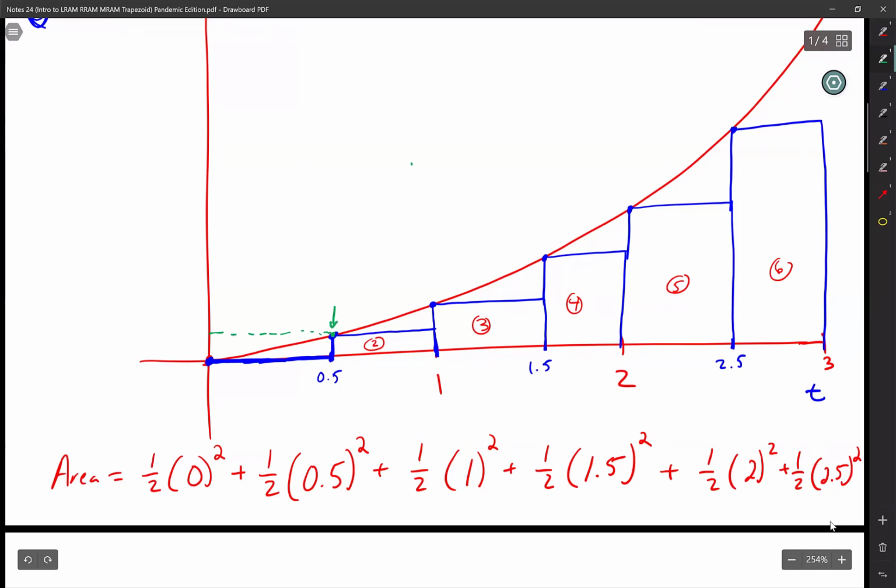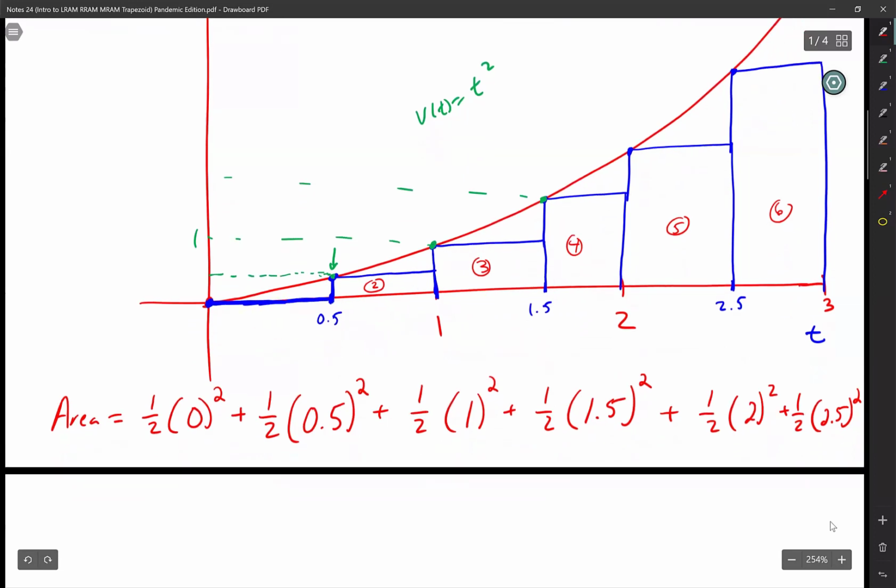This curve is y equals, or v equals t squared. Does that make sense? Yes. So to figure out the height, you have to square the x value, or your t value. To figure out the height at 1, well, 1 squared, the height is 1. To figure out the height at 1.5, you have to square the 1.5. Figure it out.